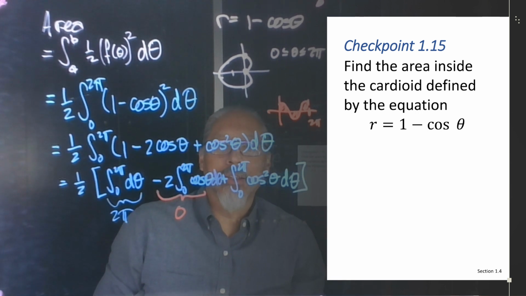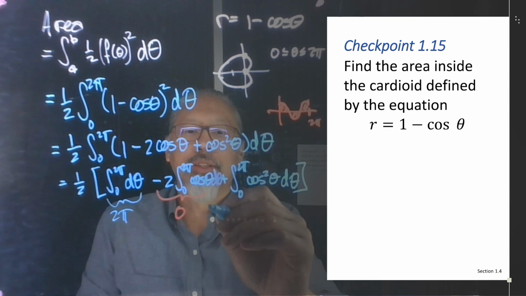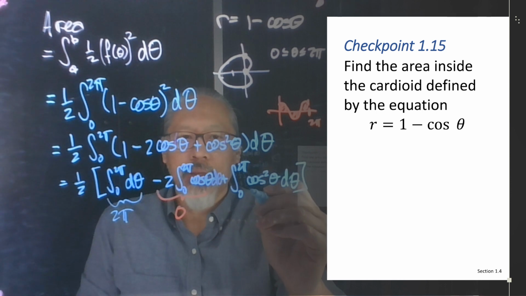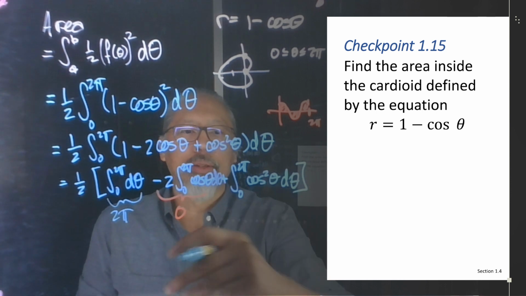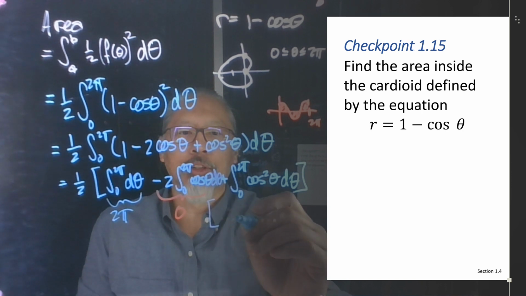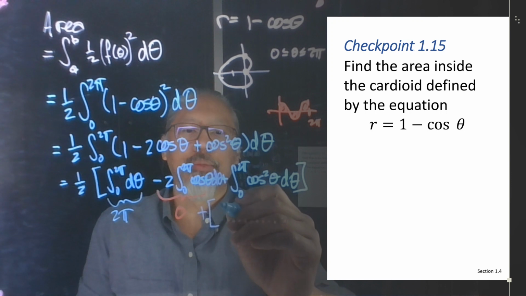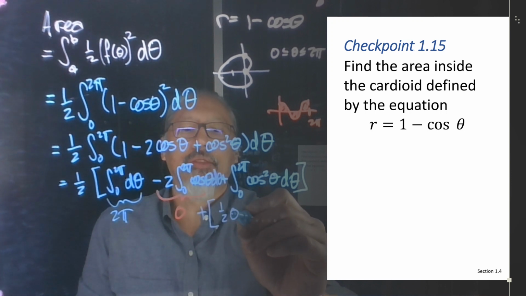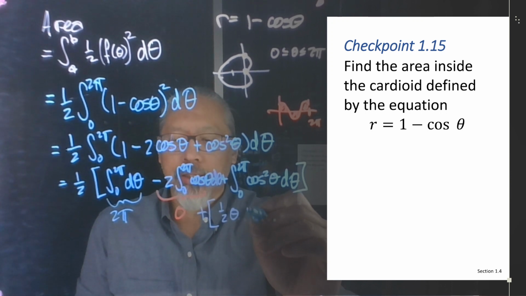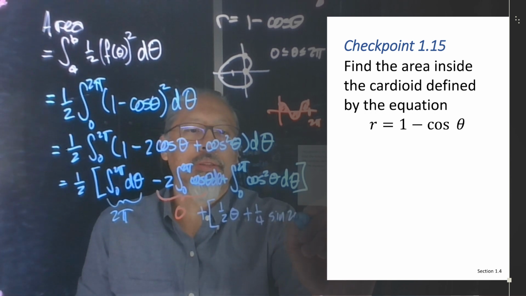Anyways, that's 0. Now we're left with this last one, which again is going to require a half angle formula. So let's just run through and say we have the half angle formula figured out, and the contribution this is going to make is 1/2 theta plus 1/4 sine 2 theta.